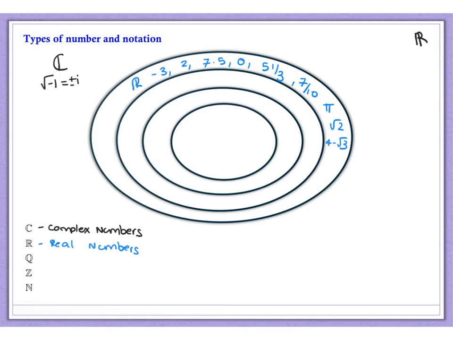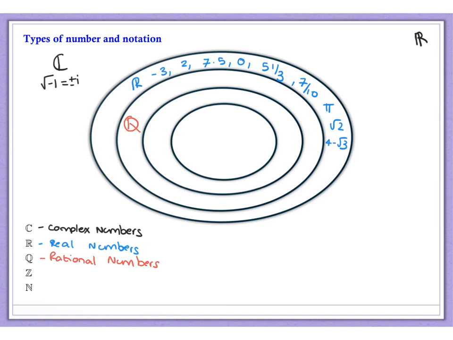Now, sitting within this category, we have what we call rational numbers, and you have come across this concept before. Rational numbers are denoted by the letter Q with a line like that, and they refer to any number which can be expressed as a fraction of the form a over b, where a and b are both integers.